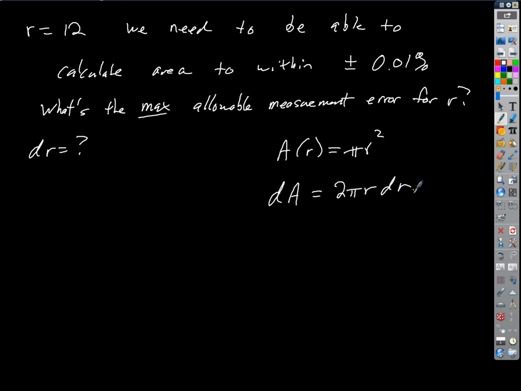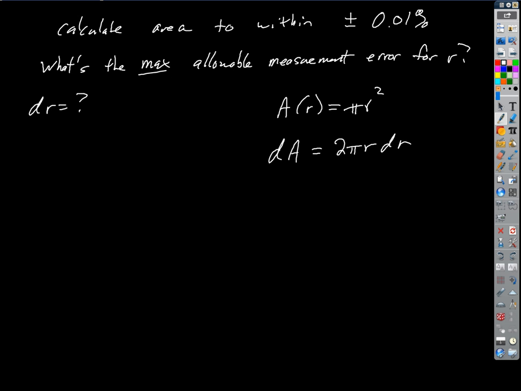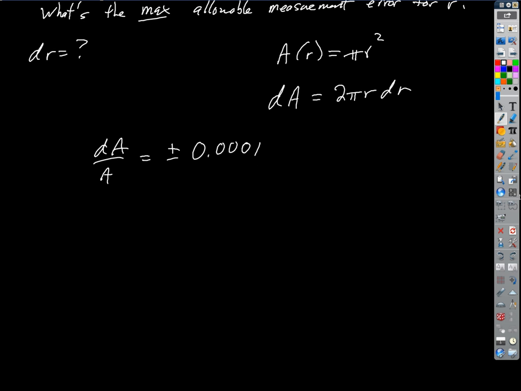Okay, and then what does this mean? We need to be able to calculate area to within plus or minus 0.01%. Well, that's dA over A. So dA over A has to equal plus or minus 0.01%. How do I write that? 0.0001. There you go. Well, what is dA over A?